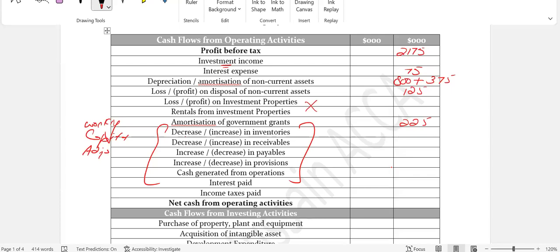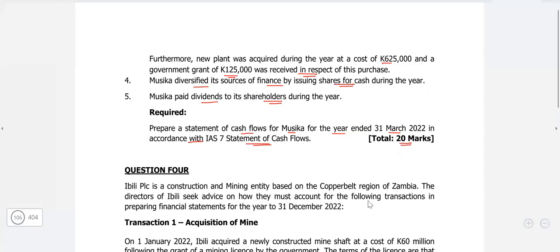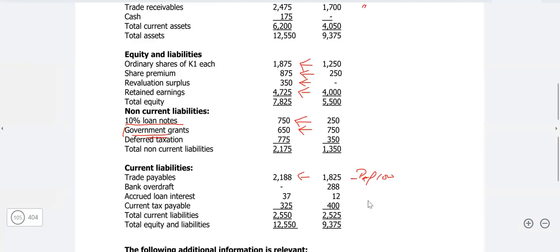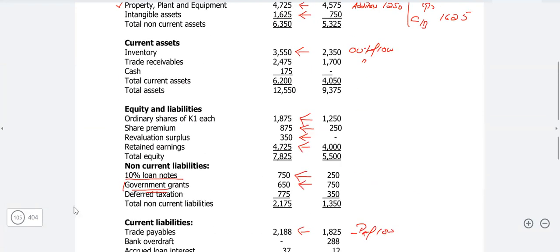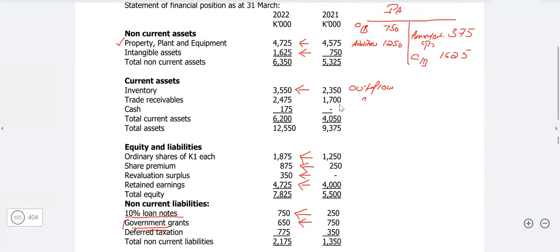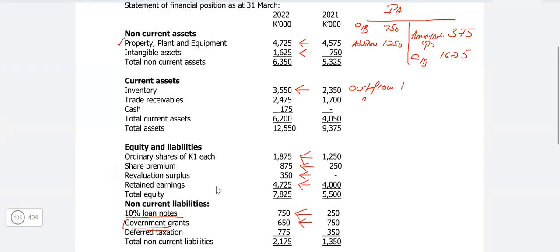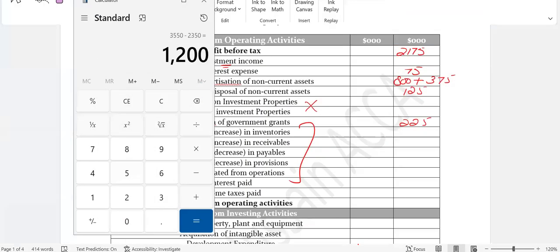Once we are done with this, then we have the working capital adjustment, which is the increase or decrease in inventory, receivables and payables. Inventory is increasing, which represents an outflow: 3550 minus 2350, so this represents the outflow of 1200.